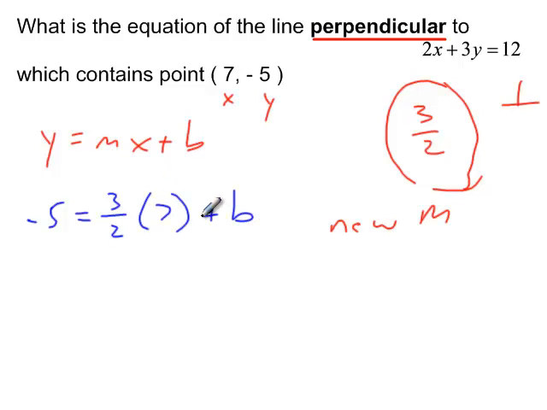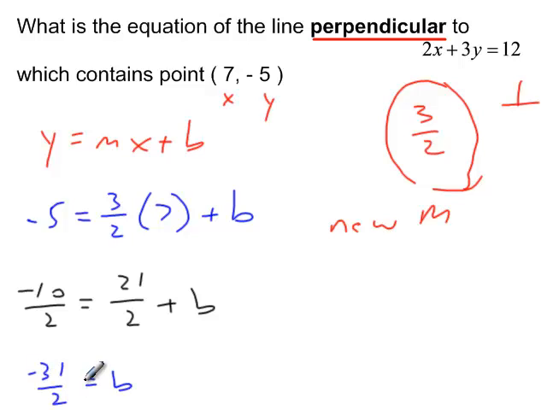Oh, this is going to be a fraction. So this is going to be 21 over 2 plus b. This is going to be negative 10 over 2. I made a common denominator. Negative 10 divided by 2 is negative 5. Then you're going to subtract the 21 over 2 from each side, which is going to give you negative 31 over 2 is equal to b.